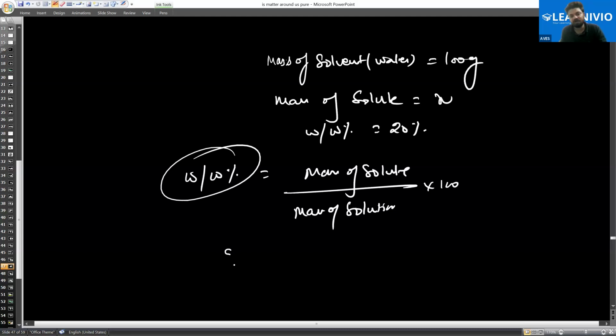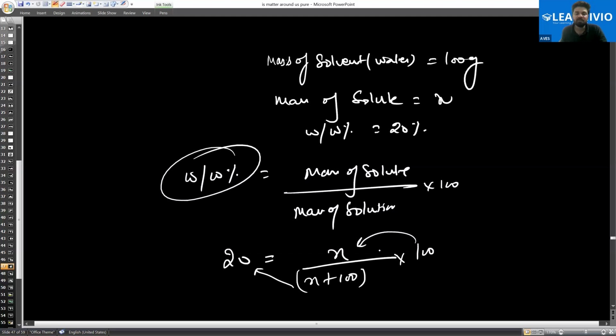So 20 is equal to X, the mass of solute, upon mass of solution, which will be X plus 100, because X should be added here. 100 gram is not solution, it is solvent, into 100. Now this whole quantity goes to this side, and this 100 multiplies with X. So you will get 100X is equal to 20 in bracket X plus 100.